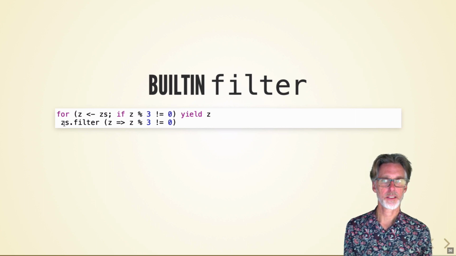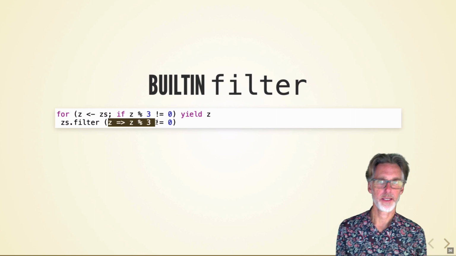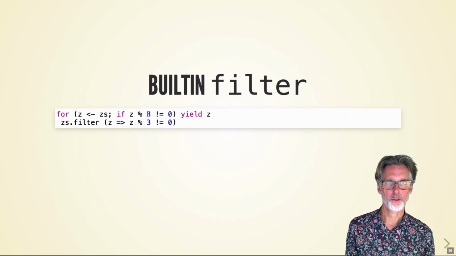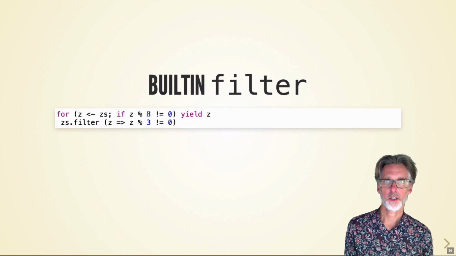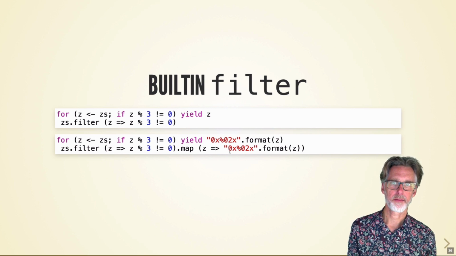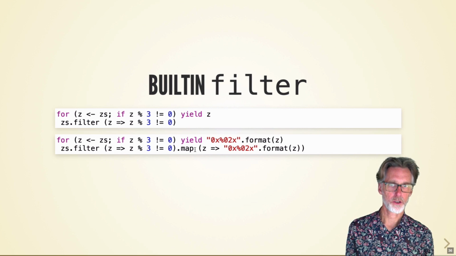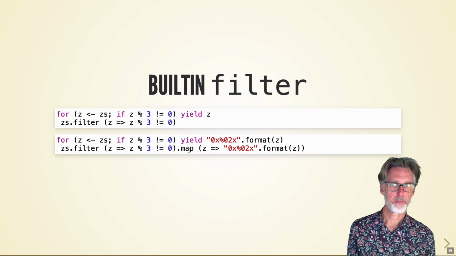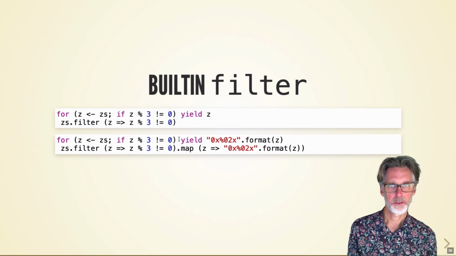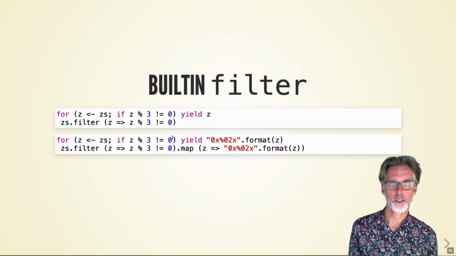This does the same thing as taking a list and filtering it by this predicate. The real power of the for construct becomes clearer when you start doing more complex things. So for example, here, I'm going to filter and then format. I'm going to write 2 function calls using filter and map. But I can do this with a single for loop where I filter and then yield the formatted value.